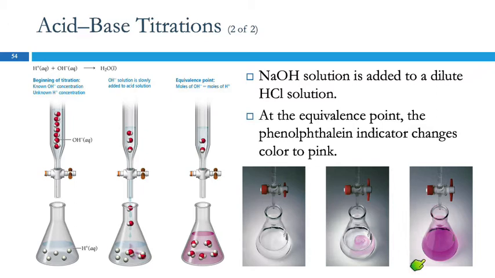And when you get to the end point, it will turn pink and stay pink. And when we do our first titration, I'll warn you that that's not the color we're looking for. That person maybe went a little too far. But the common indicator that we use is called phenolphthalein. It's kind of a mouthful, and I won't make you spell that.